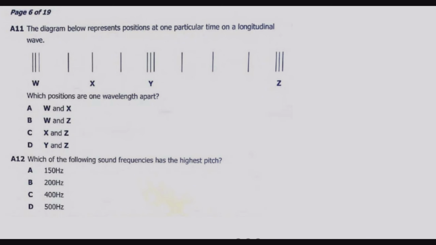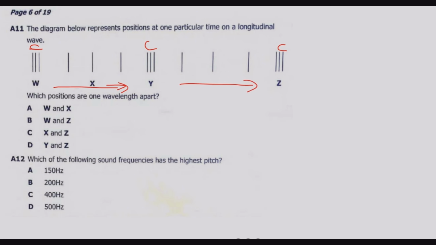So for us to find the wavelength, we need to find the distance between either two compressions, and these are compressions. So this is the compression, and this is the compression, and this is the compression.